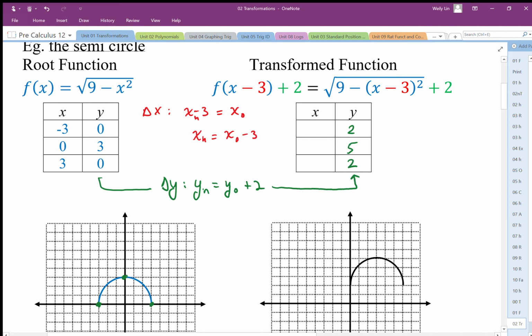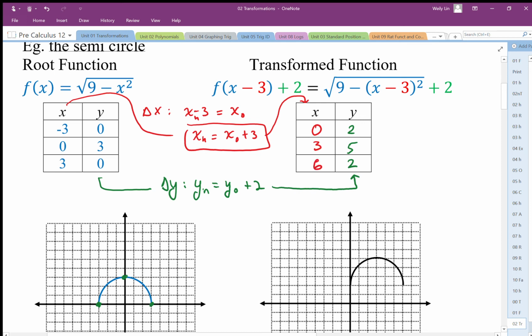So I'm going to take this expression and use this as my calculation. It's going to be plus 3. I'm going to solve for this x here, doing plus 3 on both sides. And now I'm going to use this expression to calculate my new coordinates. So I need 0, 3, and 6.